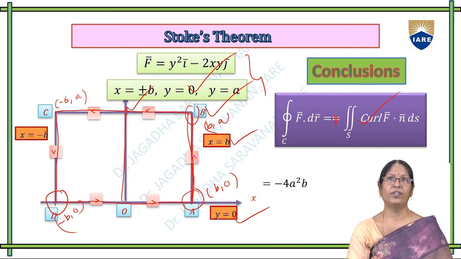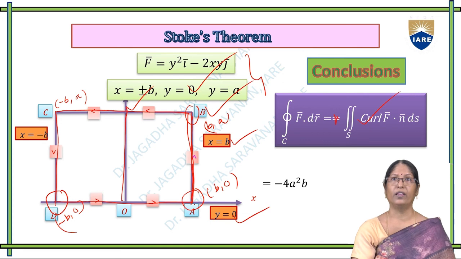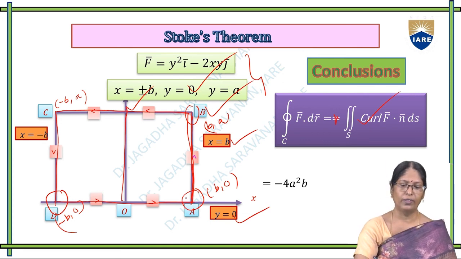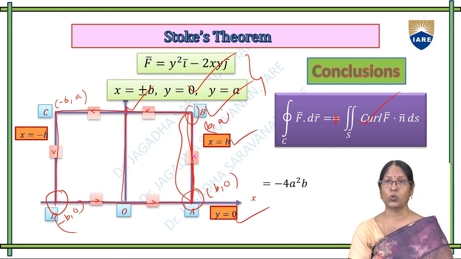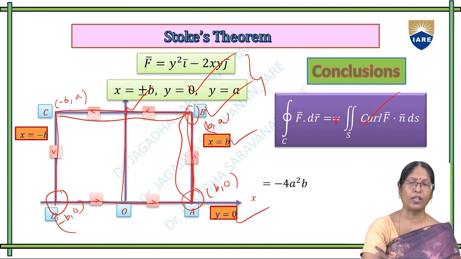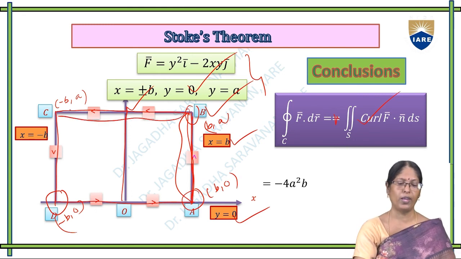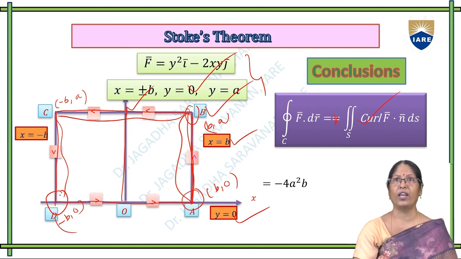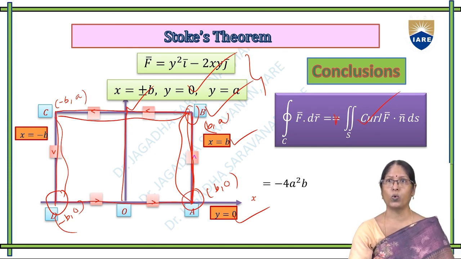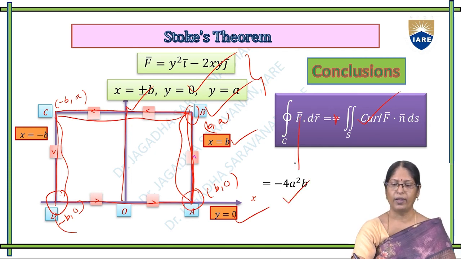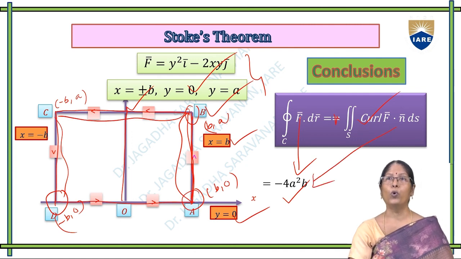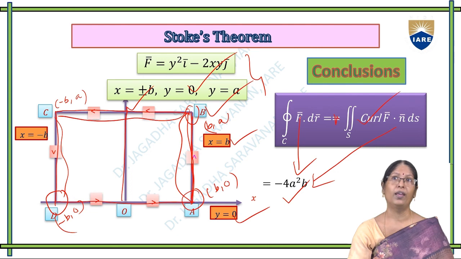When we calculated dA, the value which is 0, this calculation gives minus a square b, and this calculation gives minus 2a square b, and the calculated value is minus a square b. Putting together the line integral and the surface integral, both values are equal and we proved that Stokes theorem is verified.